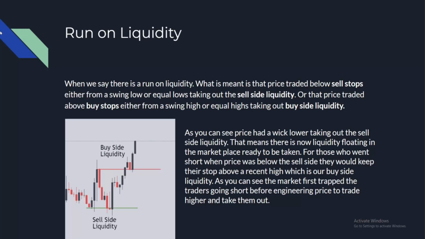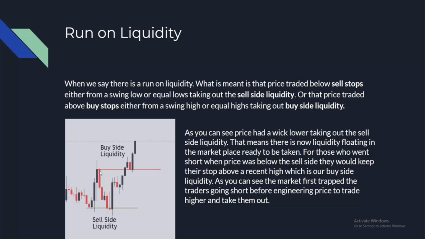As you can see in this example over here, these equal lows, and this swing high over here, and these equal lows make it perfect for sell side liquidity. Definitely there's sell side liquidity here because we're seeing these equal lows and a couple of swing lows.